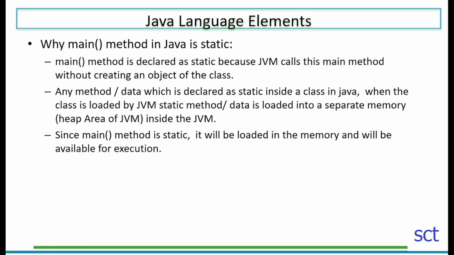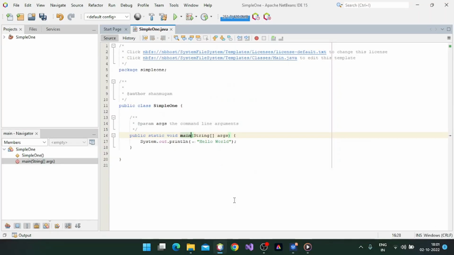Why should the main method in Java be declared as static? The main method is declared as static because the JVM calls this main method without creating an object of the class. Let me go to the program again. This is the program, and there is a class called simple1, and this simple1 has this main method.